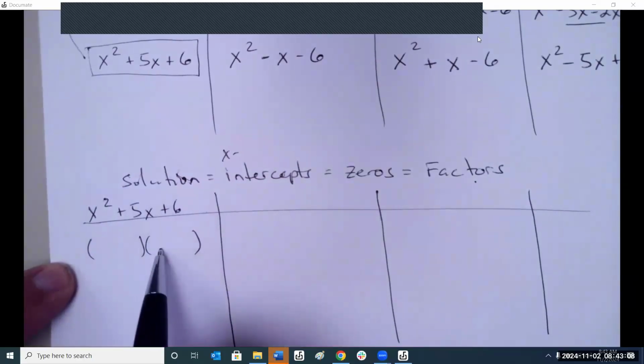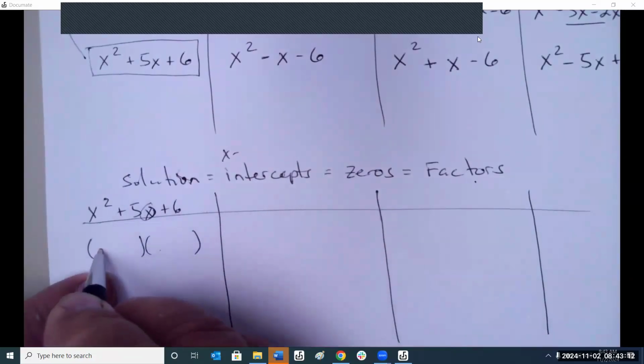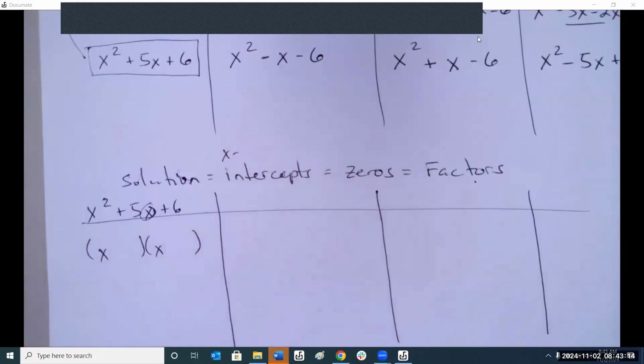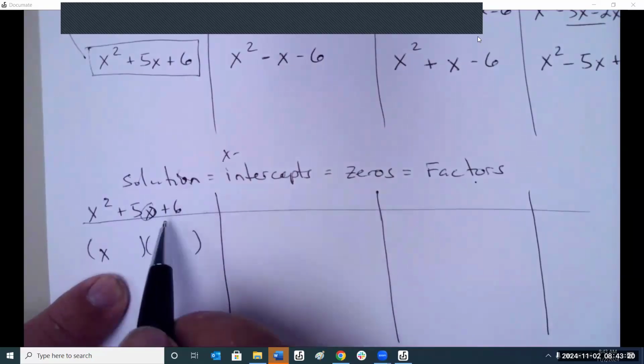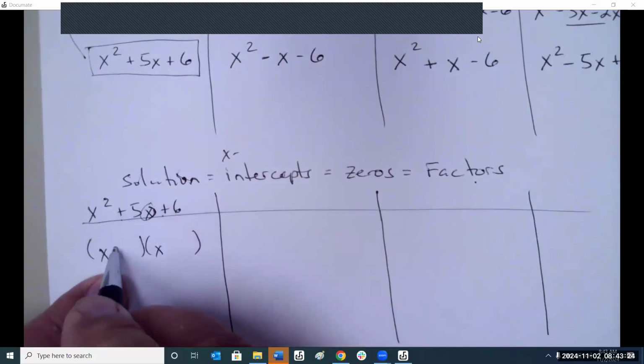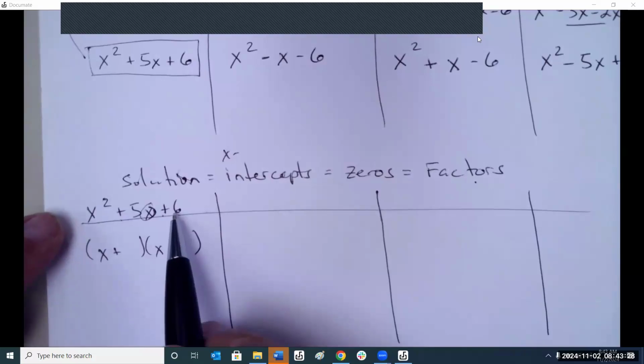So what letter goes first? Yeah, because we're always, so it's x and x. Second, what signs go in there? Right, because the second sign's a plus, they're both the same, so they're both plus. What times what is 6?